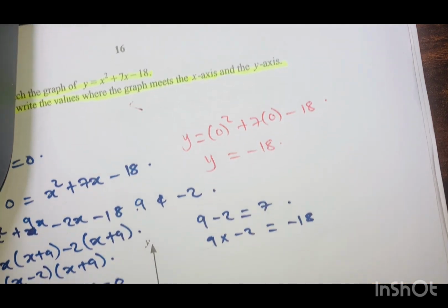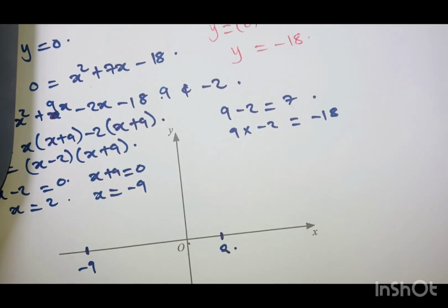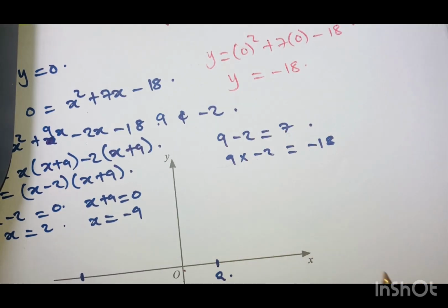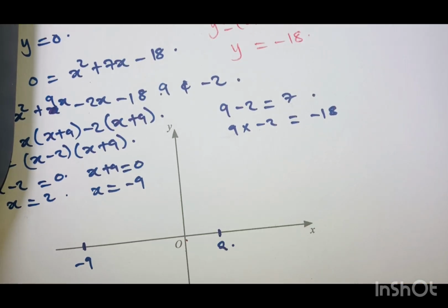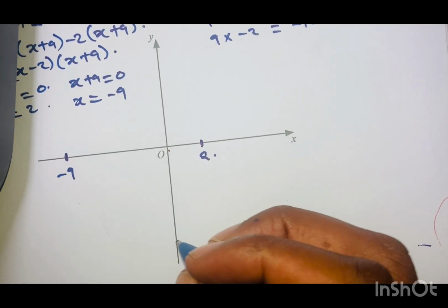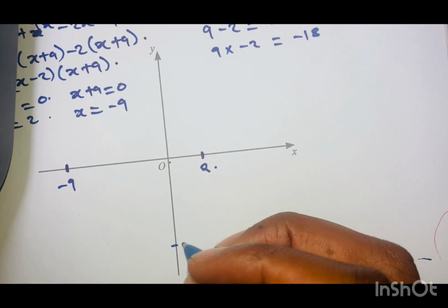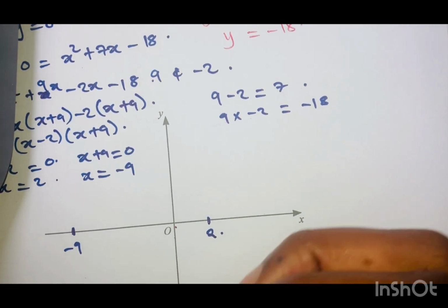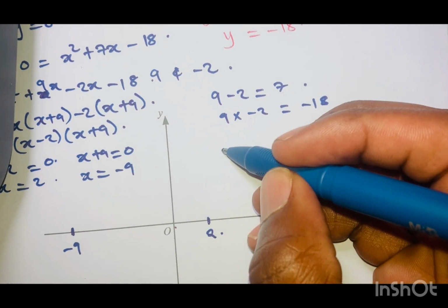So we already know now that our graph is cutting the y-axis where y equals negative 18. So we are going to put negative 18 here. All right, so our graph is going to be looking like this, our sketch.